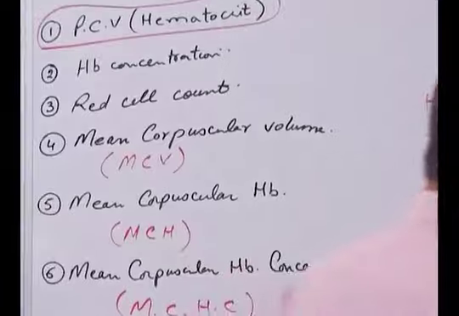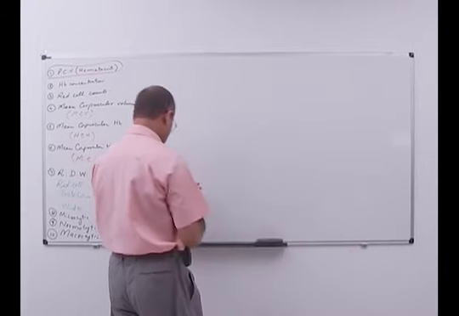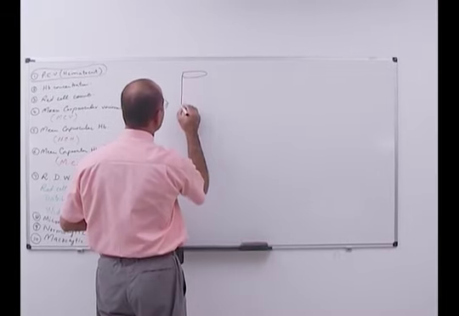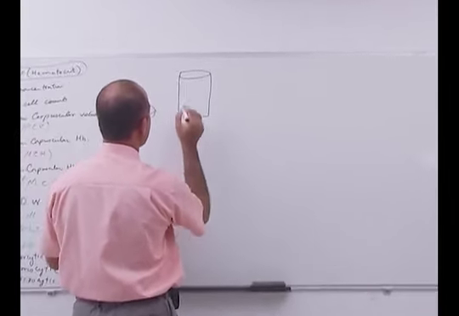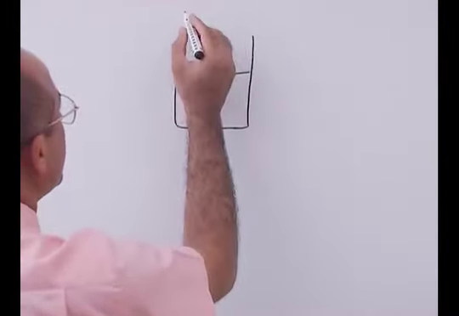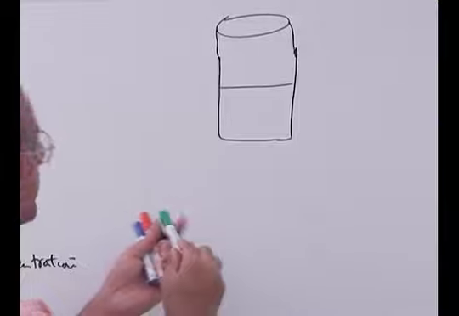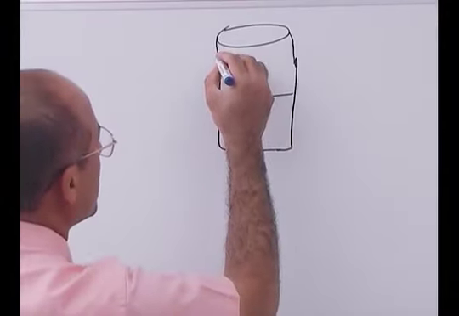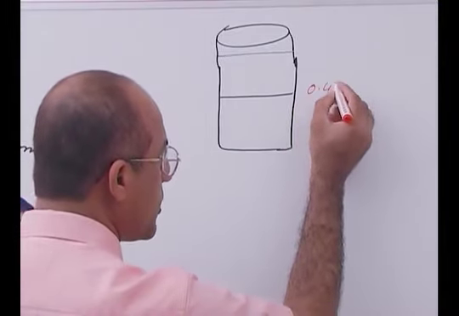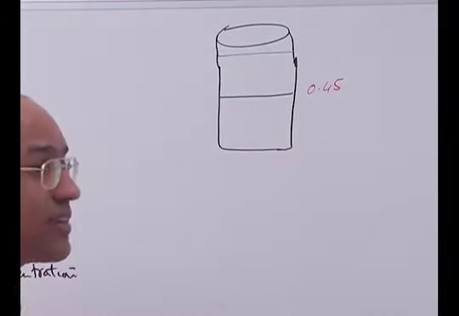Now, I will make it a little more clear because I want to talk about other terms also. So let's suppose I make the container here again. Let's suppose that here is packed cell volume. This was our total blood volume, right? We decided that packed cell volume in our patient was 0.45 liter per liter. And this was made mainly of which cells? Red blood cells.